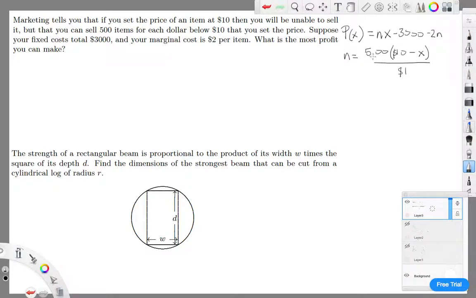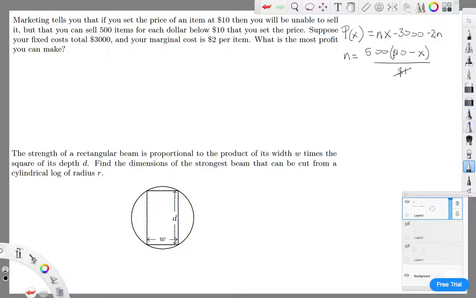But anyway, we're going to sell 500 of these items for $10 minus whatever that price is there, and then again divided by 1. And again, if it said every $2 below, or every 10 cents, we would put that number down here. So we don't need to say that, but in case you see another problem similar, you put the value less than whatever this is down here. Okay, so we got n.